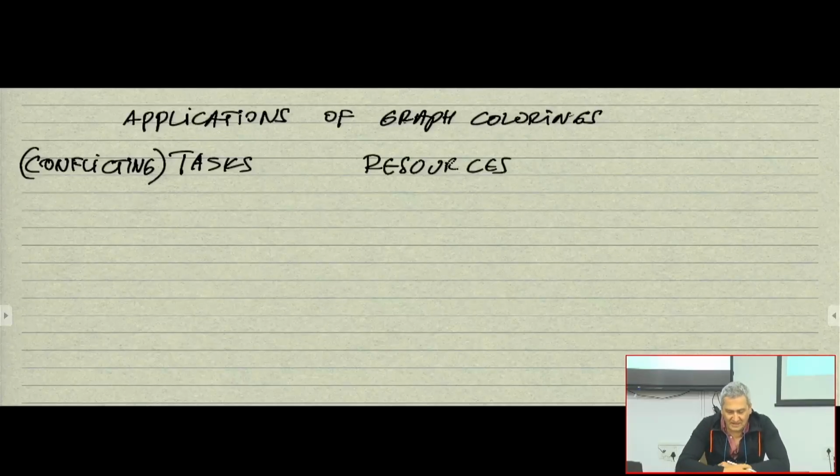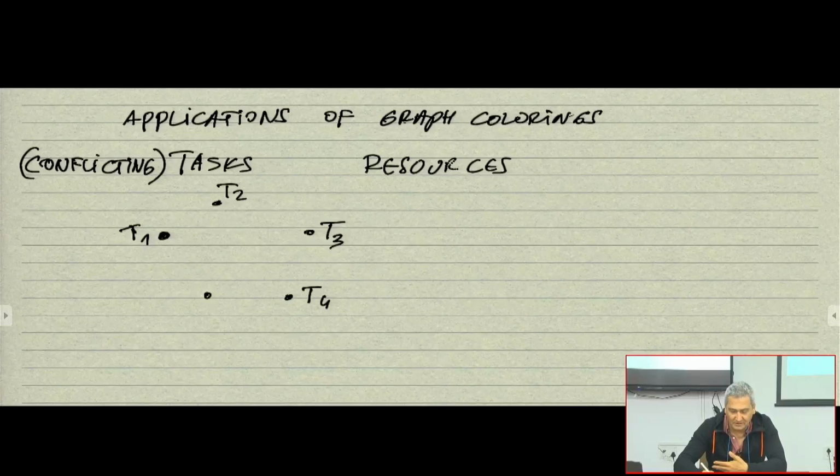In order to solve a task, we should apply the resources. But some of these tasks are in conflict, so they cannot happen at the same time. So our tasks will be vertices T1, T2, T3, T4, T5, and so on.